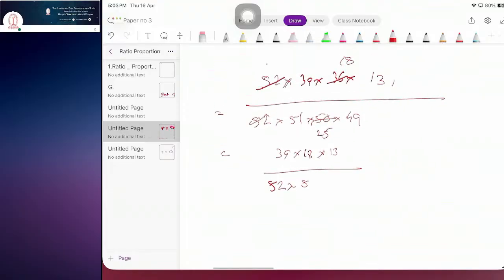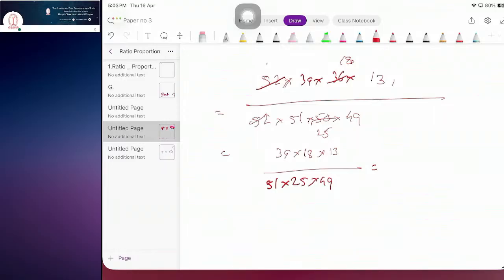What remains is 39, 18 and 13, and here 51, 25, 49.